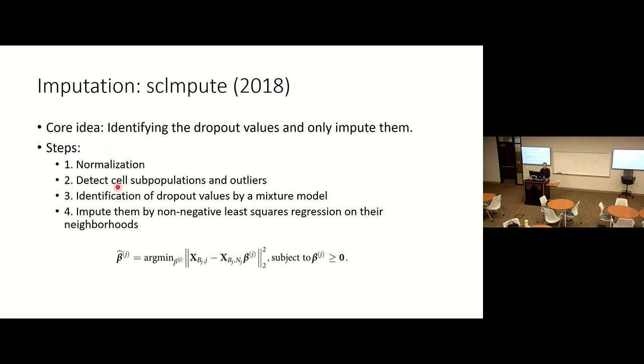Well, it does normalization, detects a subpopulation of outliers, and then identifies the dropout values in the mixed model, and then uses non-negative least squares regression on the neighborhood. The idea is to find the dropout values and put them back as non-zero values.